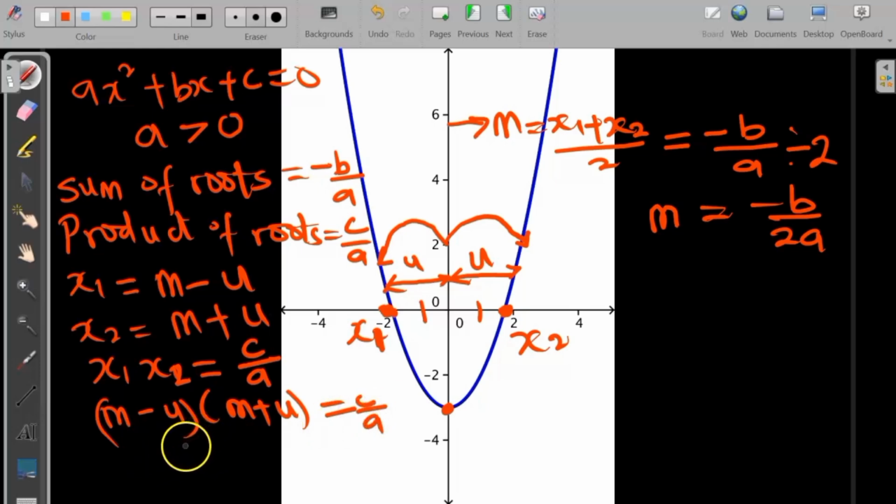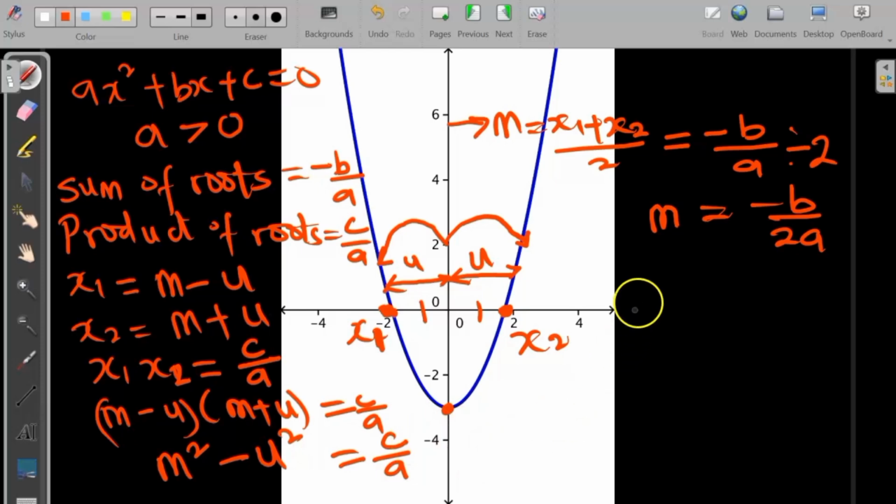Looking closely, we have the difference of two squares. So we have M squared minus U squared equal to c over a.